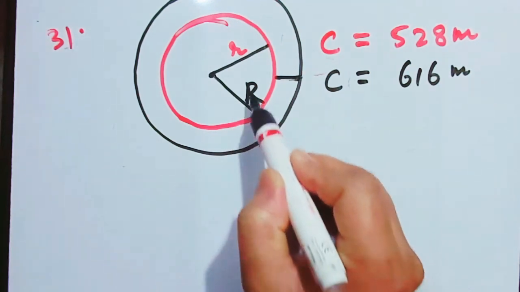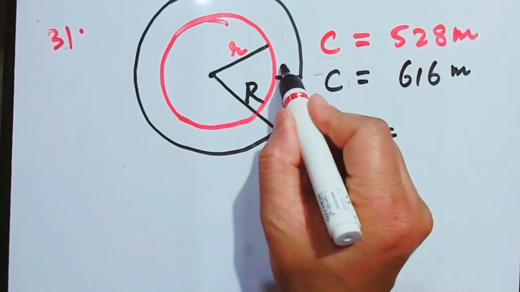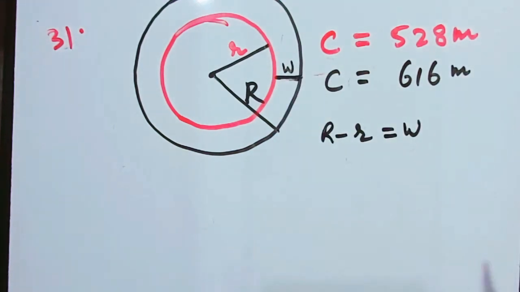The difference between R and r will give you your width. This is your width. Okay, so let me see how it can be done.